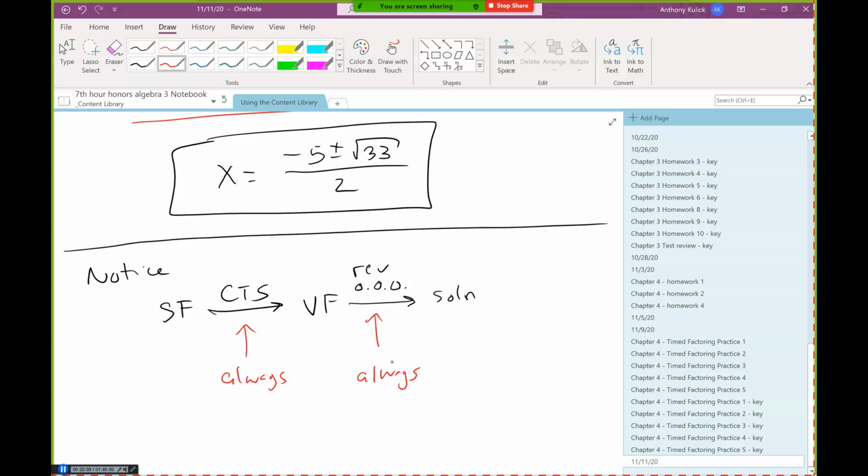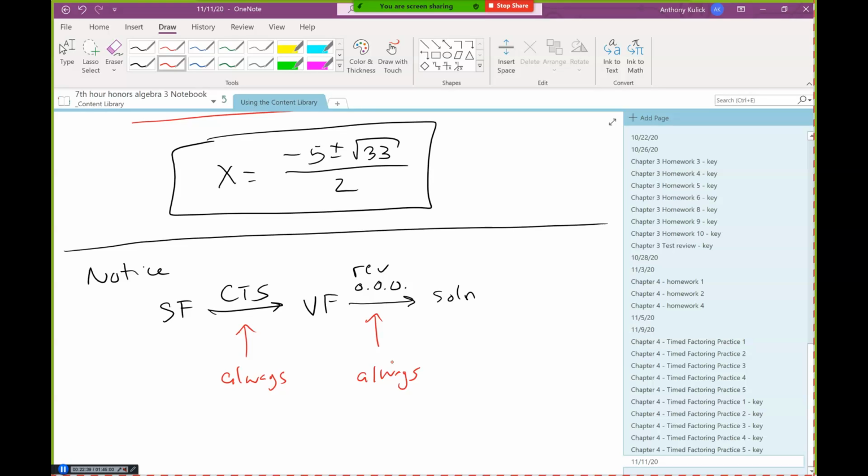Everybody okay with that? So as long as we can get our quadratic into standard form, doing some kind of rearranging, we'd then be able to solve it because we can just do completing the square and reverse order of operations. It gets better than that though. The steps for completing the square are always the same, right? The steps for the reverse order of operations are always the same.